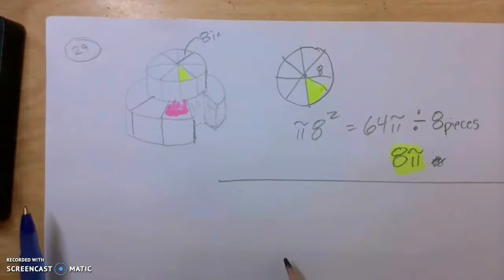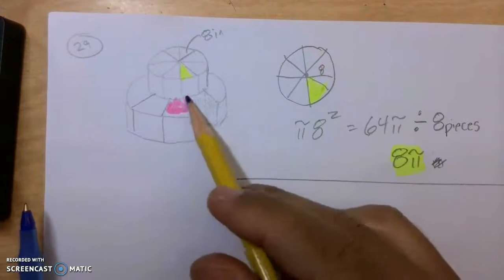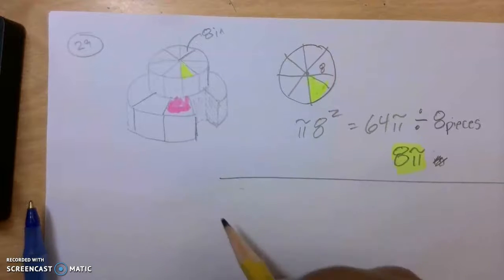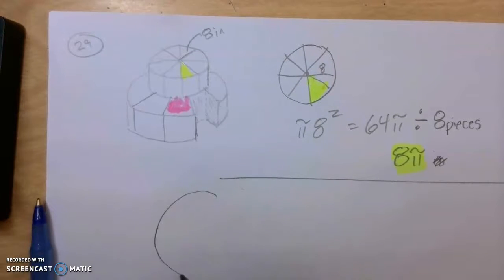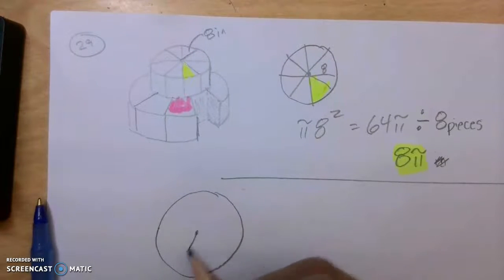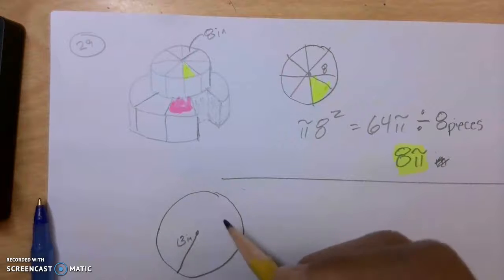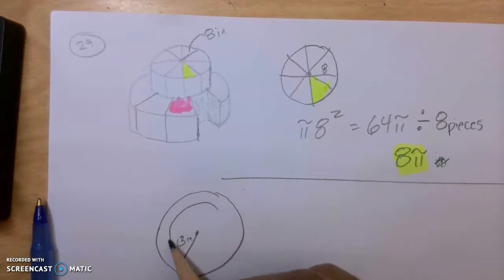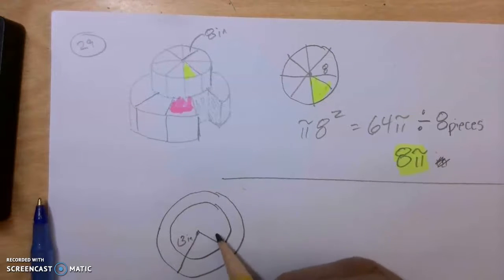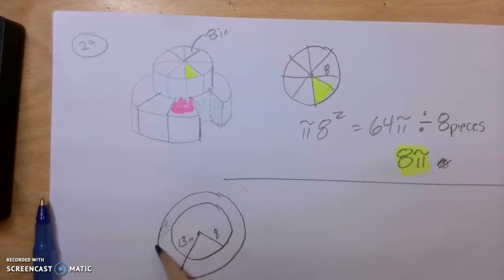Now I'm going to compare that with the bottom tier, this pink cut here. Now what you got to remember with the pink cut is, okay, you got this bigger circle, which is 13 inches, but then you're also got this top layer on top of it, which is 8 inches. And all you're going to do is deal with this bottom part of the tier. This is the bird's eye view.